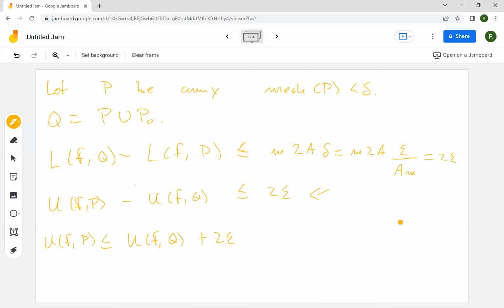I know Q is a refinement of P naught, so this is less than or equal to U of F P naught plus 2 epsilon. I know P naught satisfies the Cauchy condition, so this U of F P naught is less than or equal to L of F P naught plus epsilon. I have a 2 epsilon, so this will be plus 3 epsilon.